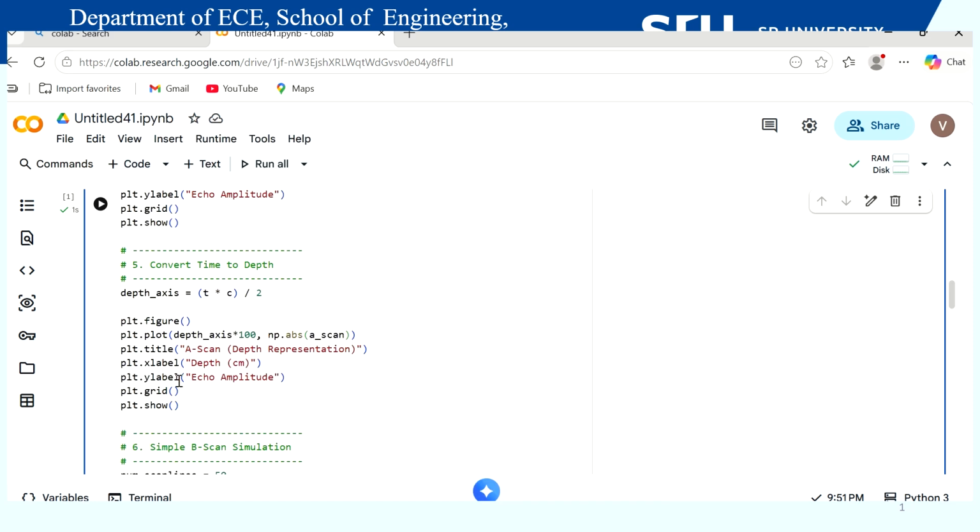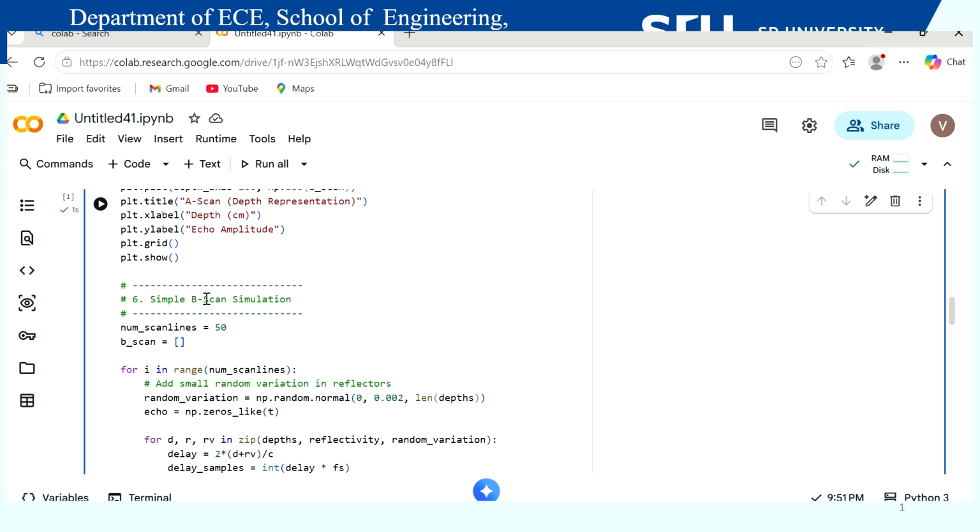And then B-scan simulation. So num_scan_lines is equal to 50. We simulate 50 scan lines, like moving sideways.